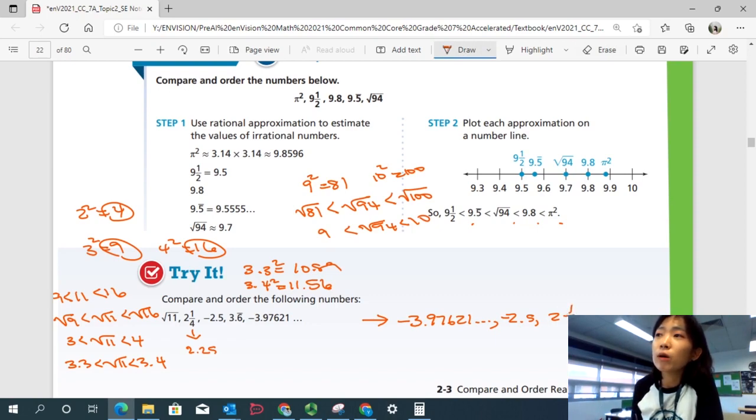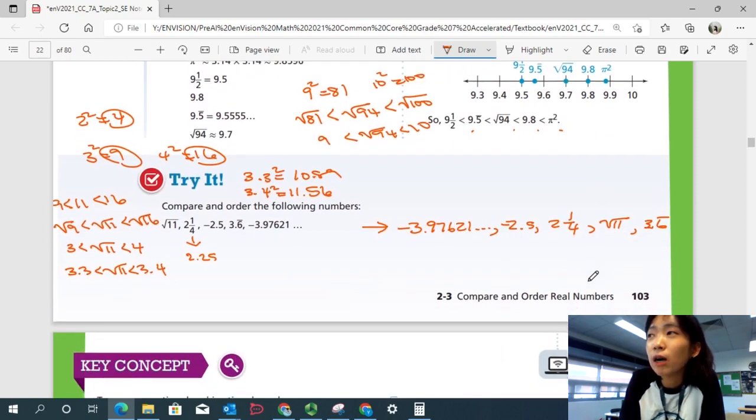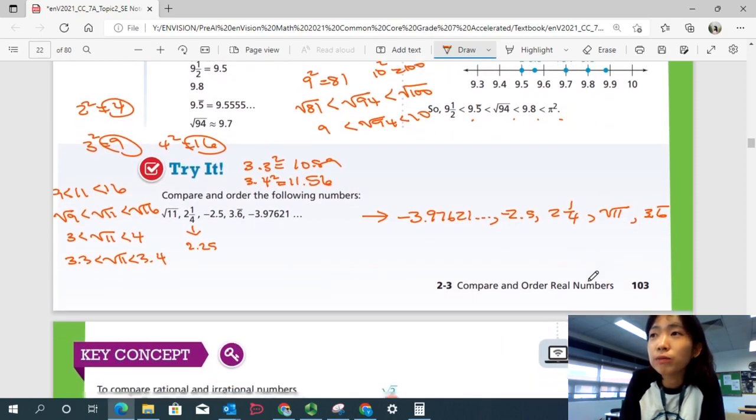And then which one is greater? 3.6 repeated or square root 11? Square root 11. And then 3.6 repeated. So that would be our answer. See if you got it all correctly. If you mixed up some numbers and orders, please correct them. But if you got everything correct, good job.